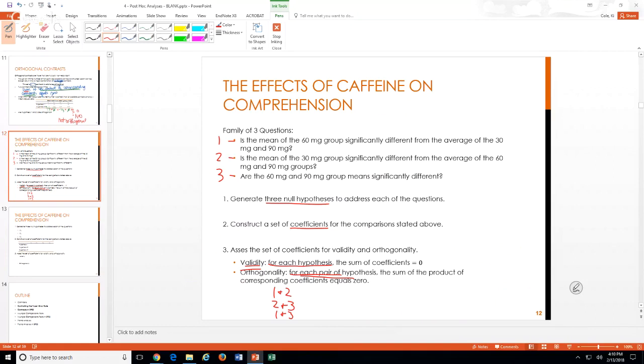Plus mu of 60 equals minus. Yeah. Okay. That's it.